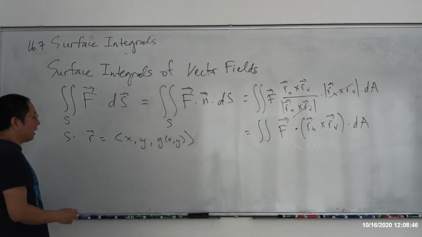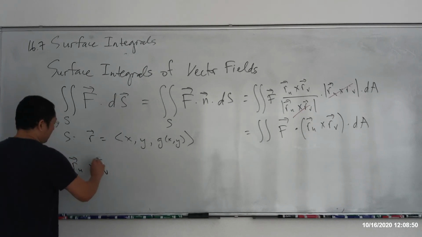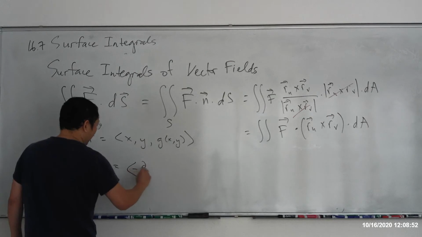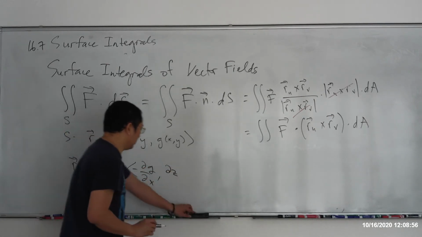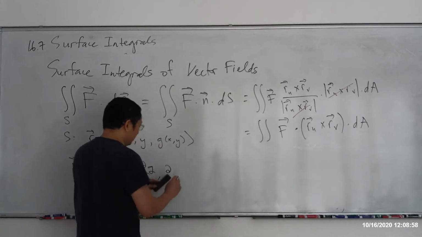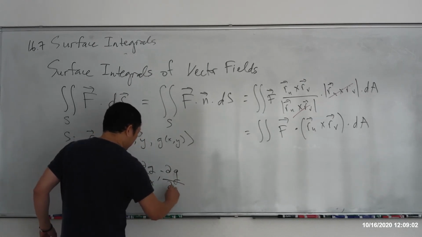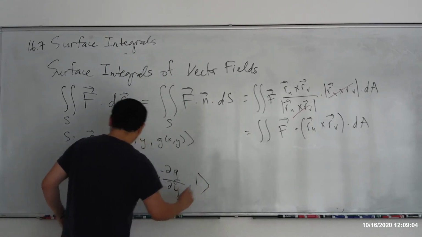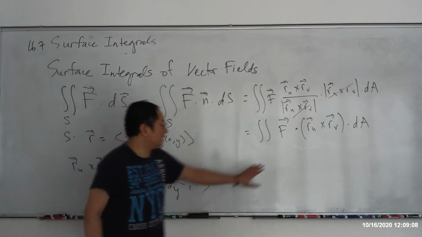Then we calculated before that Ru cross Rv was negative dg over dx, comma negative dg over dy. I usually write dz, but our book uses g, so I'm going to do the same thing as the book. And then 1. This is your Ru cross Rv. This is a 1 right here.